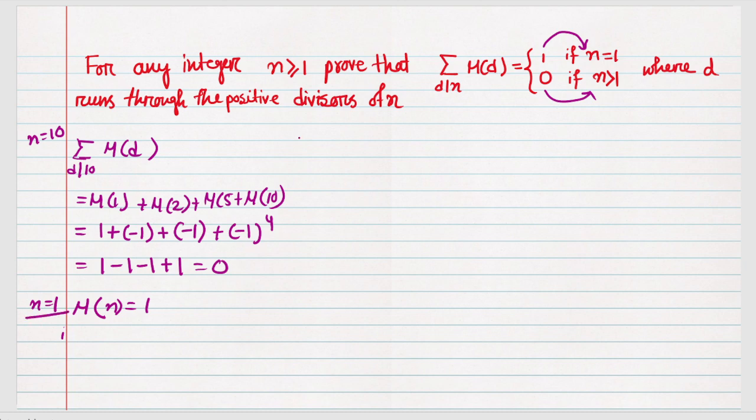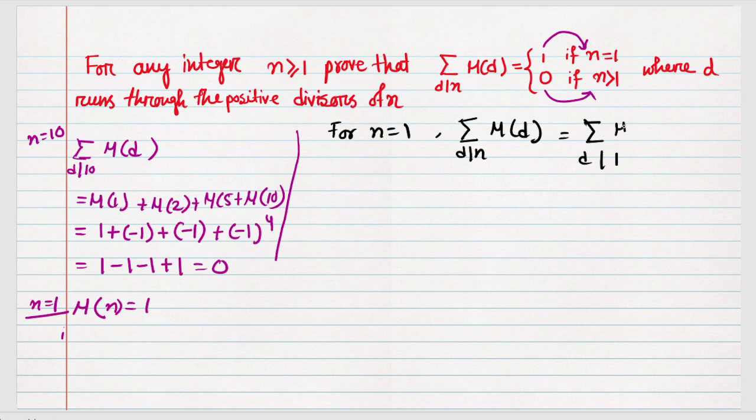So let me start our theorem. Here for n equals 1, our summation over d dividing n of mu of d equals the summation over d dividing 1. There will be only mu of 1, which is equal to 1 by definition.